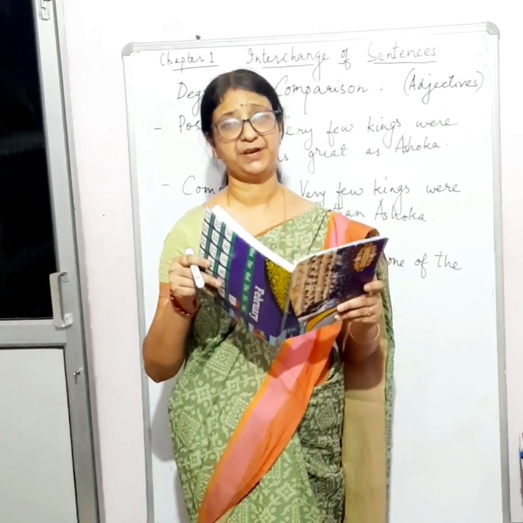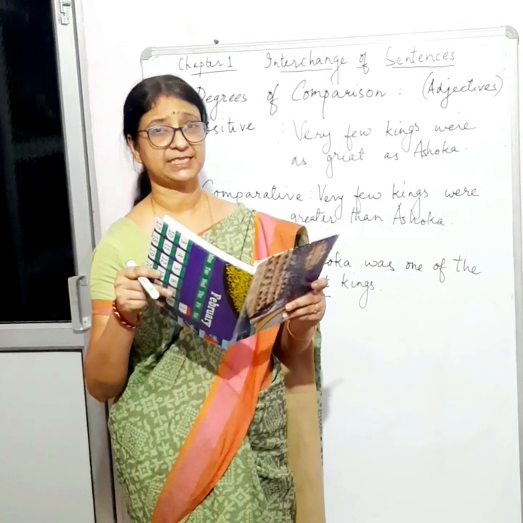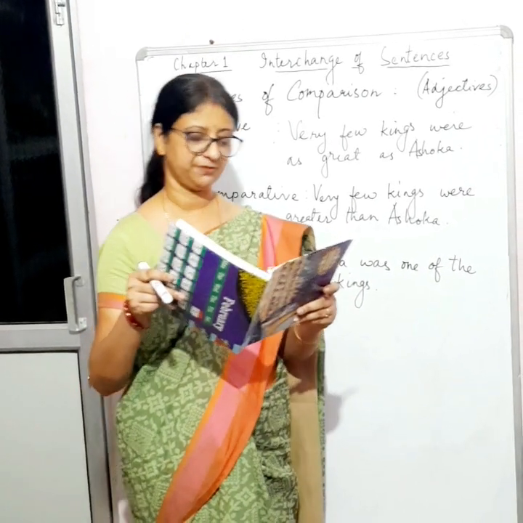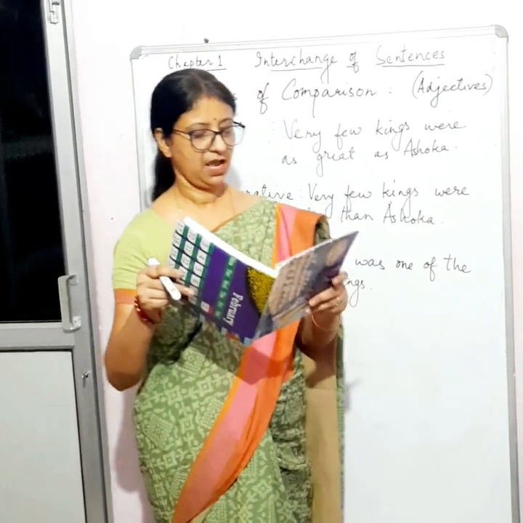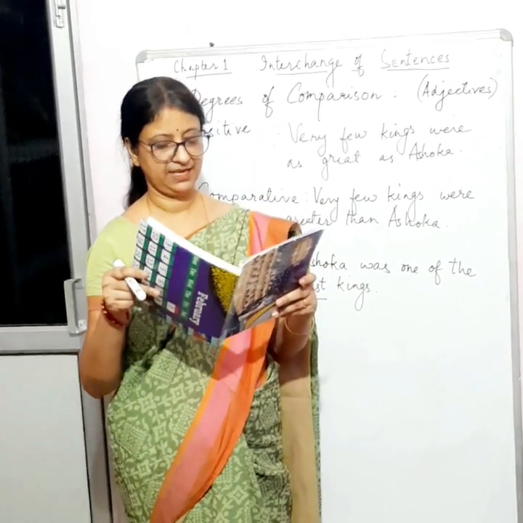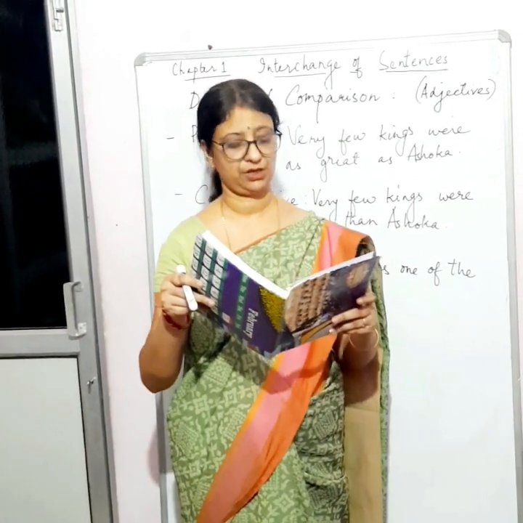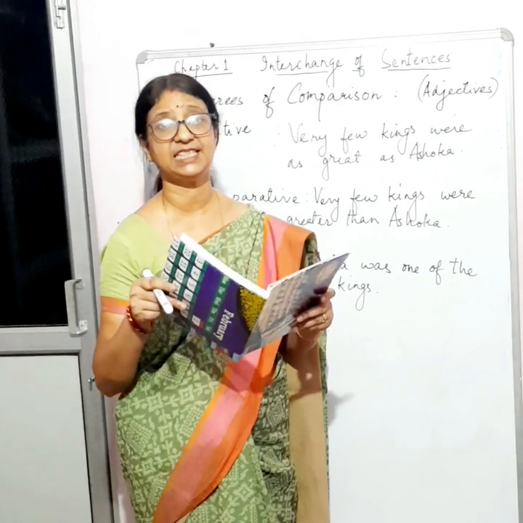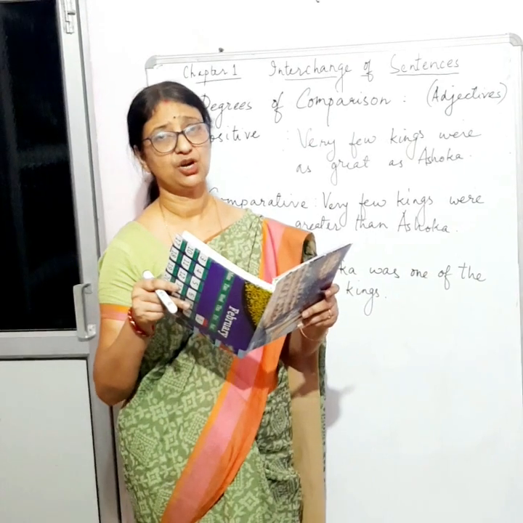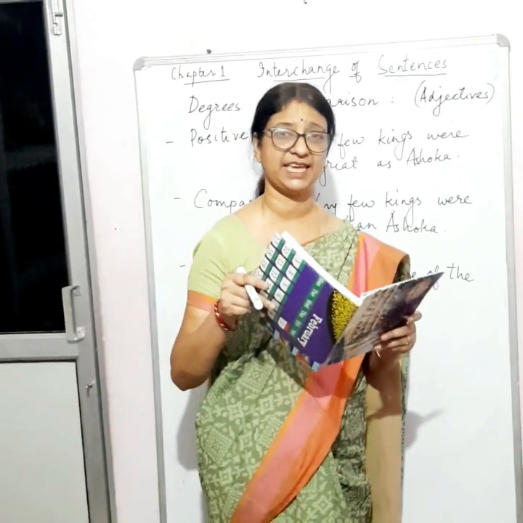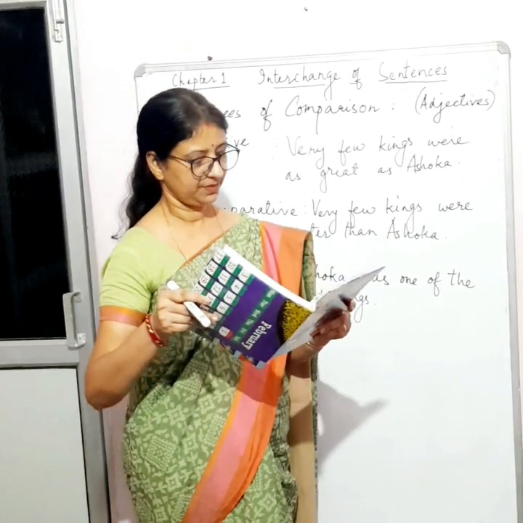None but the brave deserve the fair. Or none except the brave deserve the fair. 15th number. As soon as he saw the lion, he climbed up a tree. Begin with no sooner. No sooner did he see the lion than he climbed up the tree.